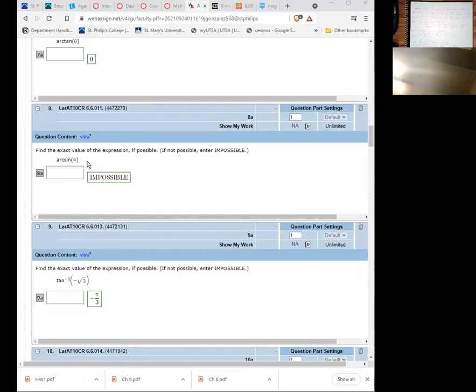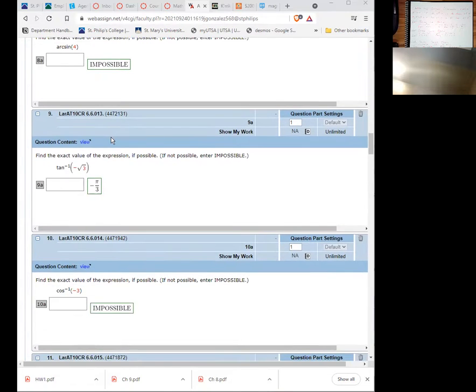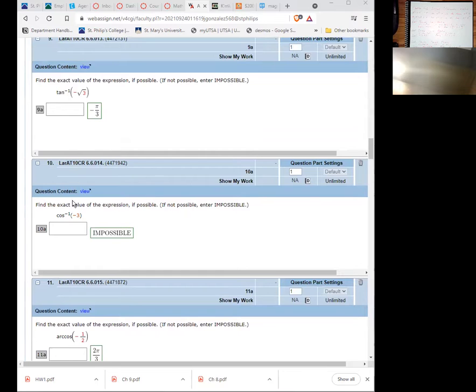So two reasons: it's outside the domain and it's too big for the circle. It's impossible. So when you're doing these, make sure you're always looking at the domains to be safe. Let's do another one here. I think that's another one. Again, too big, right?